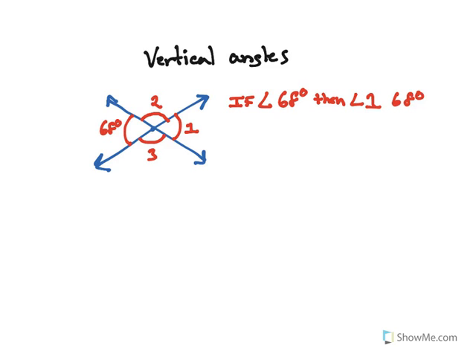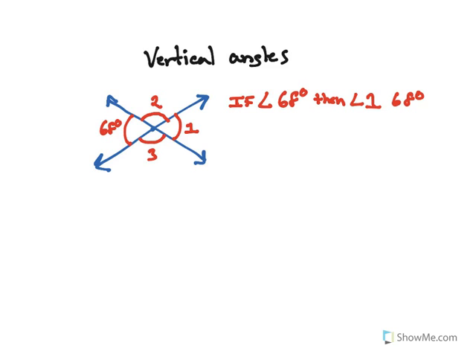Angle 2 and angle 3 are also equal to each other. Finding angle 1 was easy because you look at the opposite side, and whatever the first angle is, in this case 68 degrees, then angle 1 has to be 68. But we don't know what angle 2 and 3 are.